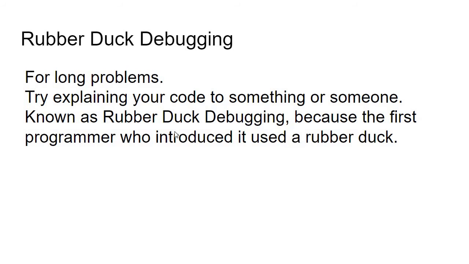The name of rubber duck debugging can be a little confusing because you might not expect a rubber duck to do anything with debugging, but it's named so because the programmer who introduced this used a rubber duck as something to explain the code to. So that explains why this is called rubber duck debugging.